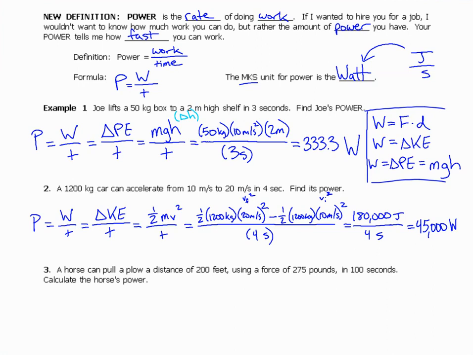Or in other units, because 45,000 is a pretty big number, 45 kilowatts. This is a more familiar unit for power. It's one that you might see in terms of electricity, kilowatts.